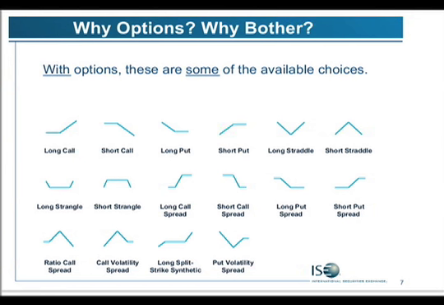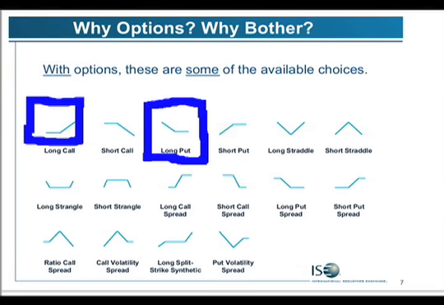Here it is, call strategy. If I wanted to look at the risk reward of a put strategy, there it is right there. And so on. You could go through the straddles and strangles and vertical spreads, volatility spreads, all right there. What you want to understand is the risk reward of any transaction.